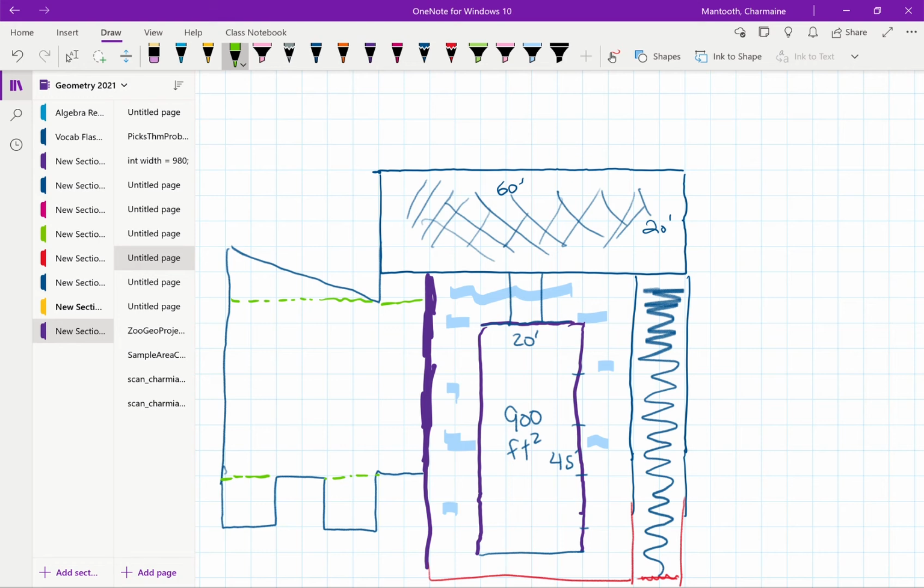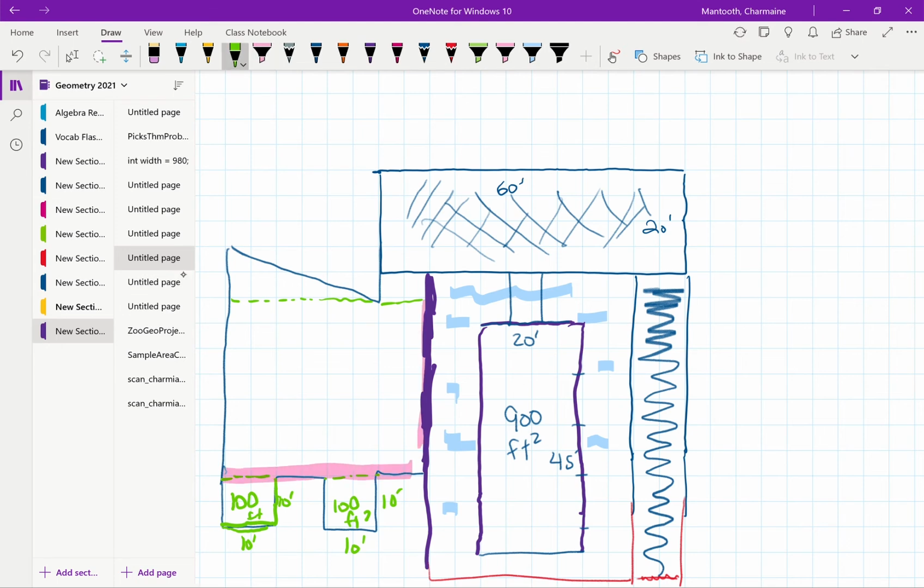So let's see how much area there is here. This square right here is 10 by 10, 5, 10, 5, 10, so 100 square feet, since it's 10 foot by 10 foot. So is this one, 10 feet by 10 feet, or 100 square feet. This enclosure right here, let's look at its dimensions.